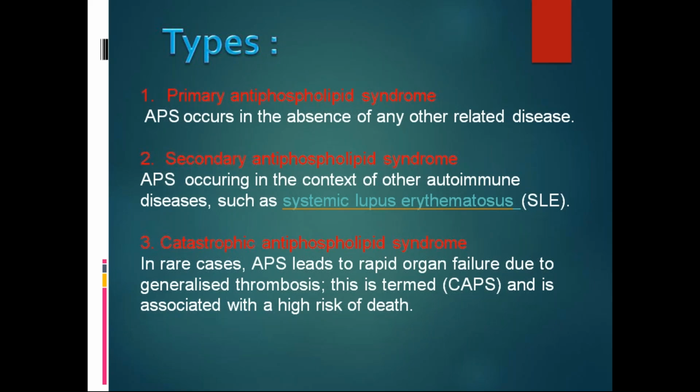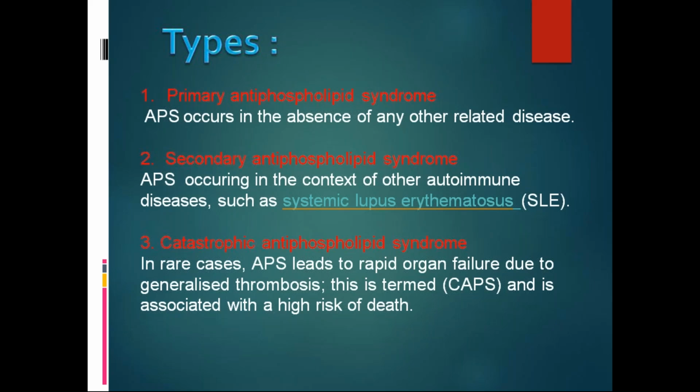You must understand that antiphospholipid syndrome is basically a thrombotic disease. You might know the meaning of thrombus: the aggregation of platelets and other factors leads to the formation of a thrombus, and it leads to blockage of blood wherever the thrombus is formed. All the features that we discuss in antiphospholipid syndrome are because of thrombus formation.